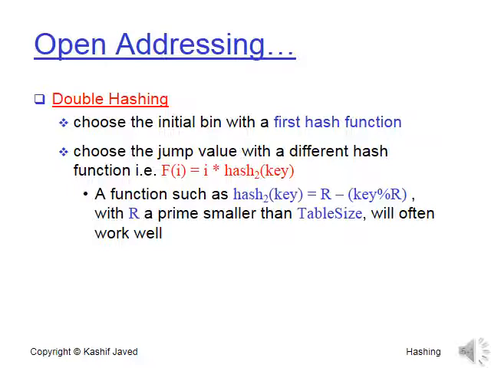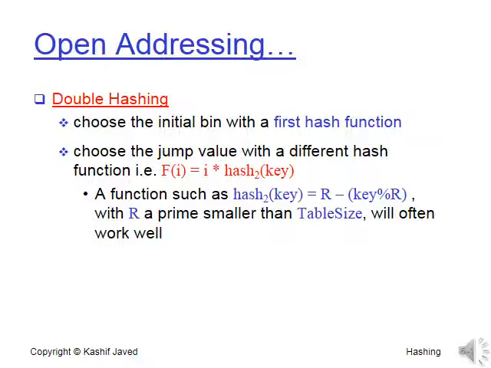Basically, double hashing uses the idea of applying a second hash function to the key when a collision occurs. The result of the second hash function will be the number of positions from the point of collision to insert.